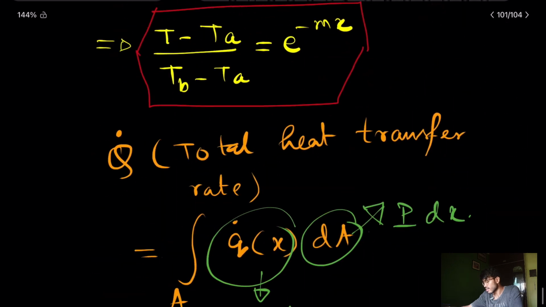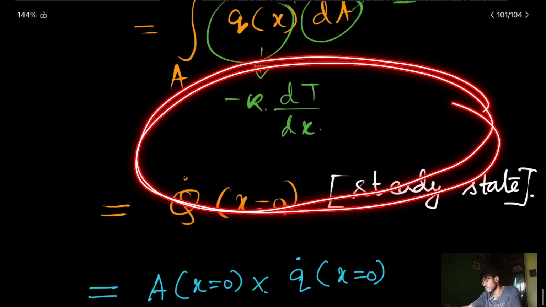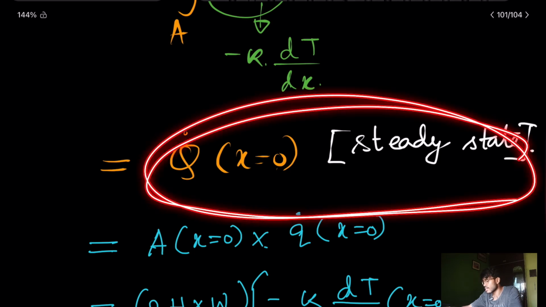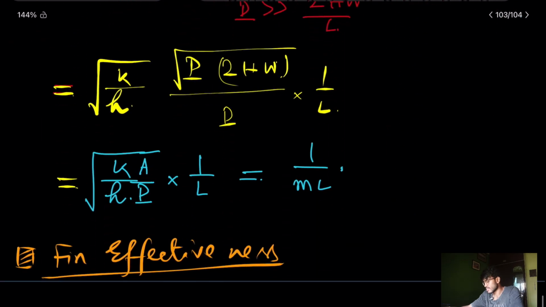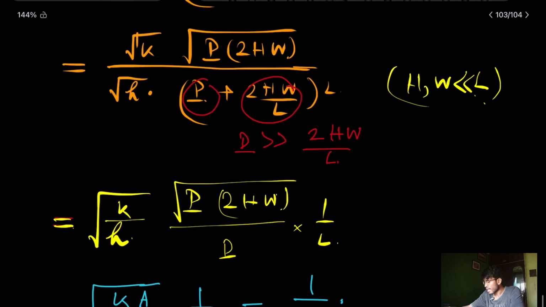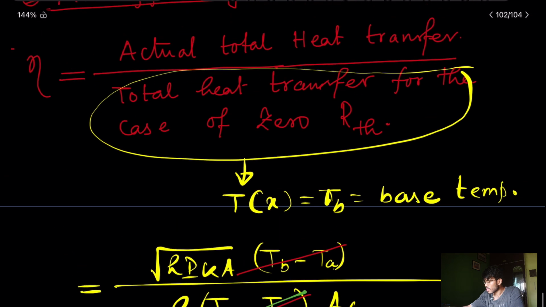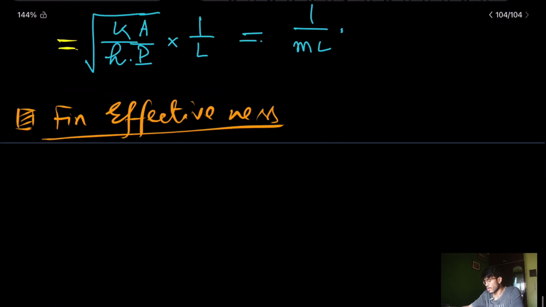But if you know the funda, the concept for steady state, how I got the total heat transfer rate, then you can do it for any case. Similarly, if the professor asks you to find out the efficiency of the fin, then if you know the approach and the definition of the fin efficiency, then you can find it.